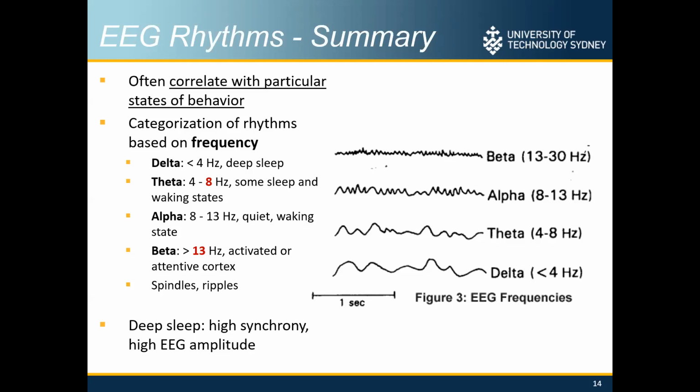When you're in a more relaxed frame of mind, you would see a higher level of alpha in addition to beta. A drowsy state is associated with theta activity, and deep sleep is associated with delta activity.